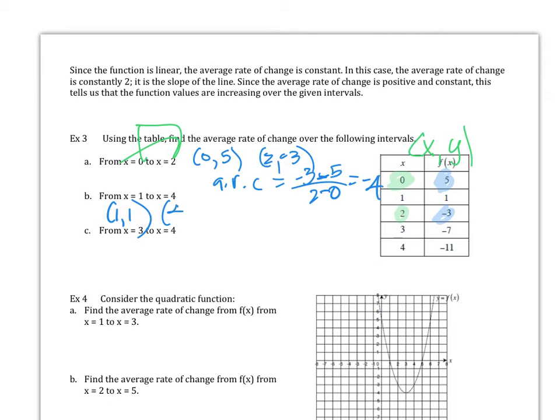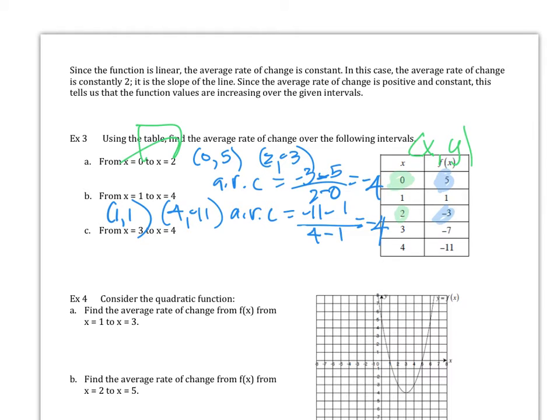Our point at 4 is -11. So we would have average rate of change, negative 11 minus 1 over negative 4. Oops, supposed to be positive 4. 4 minus 1. And that would also give us negative 4.